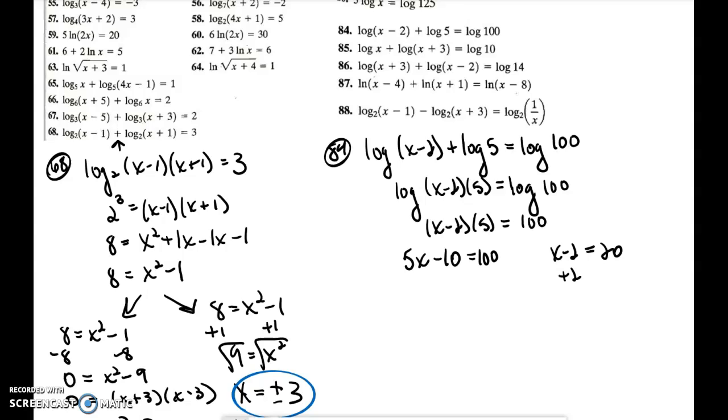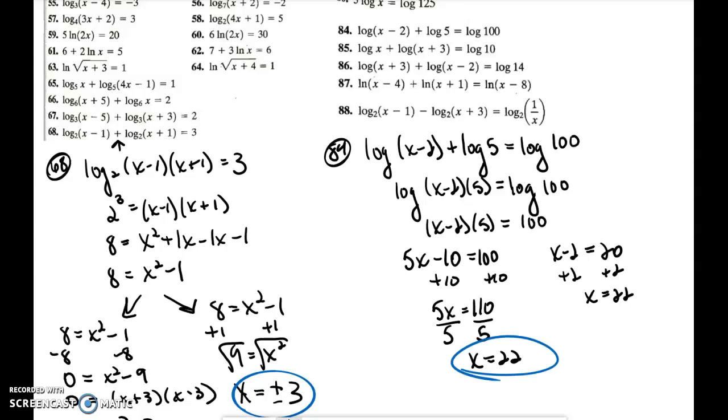So if I add 2 to both sides, I can get 22. Or if I add a 10, so that 5x is equal to 110, and then I divide by 5, I can end up with my 22 from that direction instead. Neither one's really more or less work than the other.